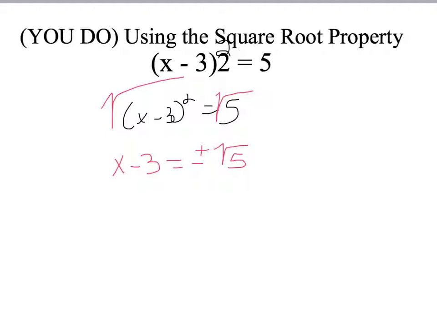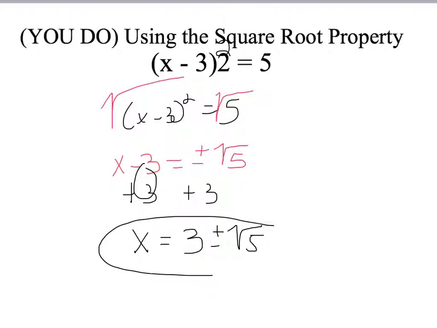So here now when I'm going to solve for x, I just need to add 3 to both sides. Okay, so here it eliminates, and I have x is equal to 3, and then I still have this plus or minus the square root of 5. Okay, so this technically is two answers, but it can just be written one way.